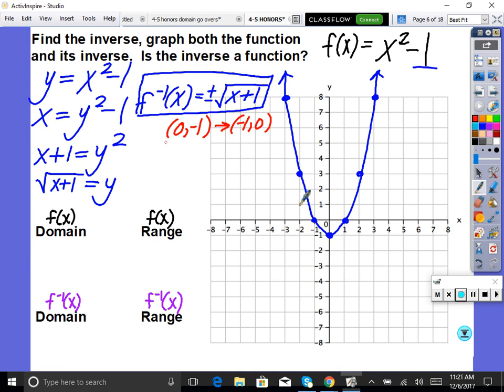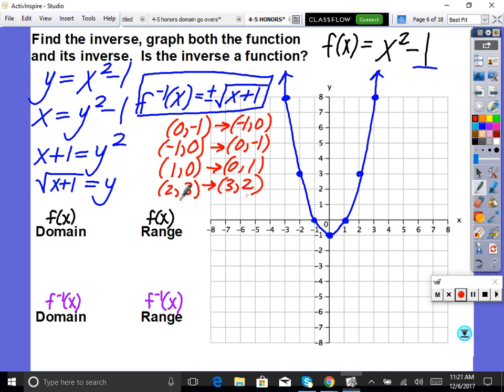That's the inverse. And then on our original we have negative 1, 0, we have a 1, 0, don't we? So our inverse will be 0, negative 1, and 0, 1. And then we have over 2 up 3. So then we're going to have over 3 up 2. We have negative 2 up 3, so we're going to have 3, negative 2.